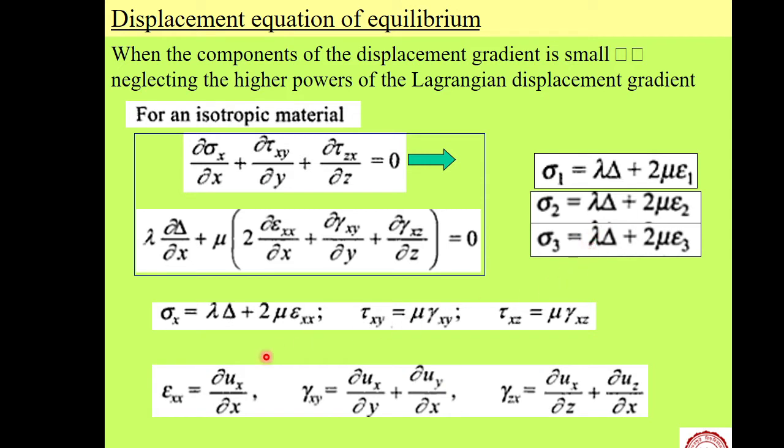And the strain displacement relations are given by these equations. Normal strains are derivatives of the displacement field like this, and the shear strains are given by these cross derivatives. Gamma xy is like this, gamma zx is like this. This we know. What are the stress strain relations?